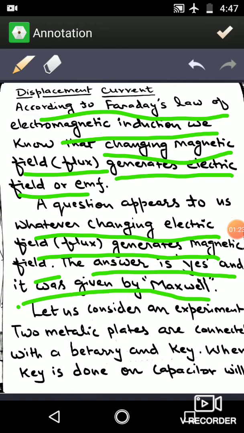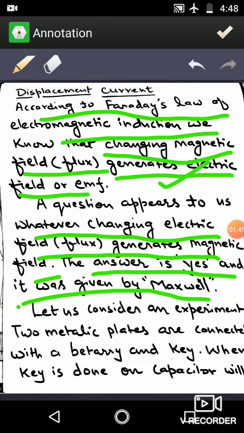Maxwell said that if there is a change in electric field, or electric flux, in a bounded region, then it generates a magnetic field. And it is very similar to the concept that when there is a change in magnetic field, an electric field is generated.